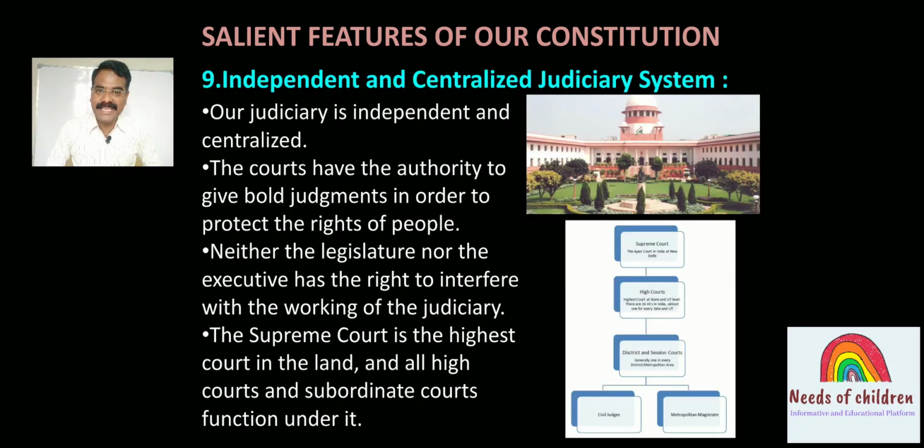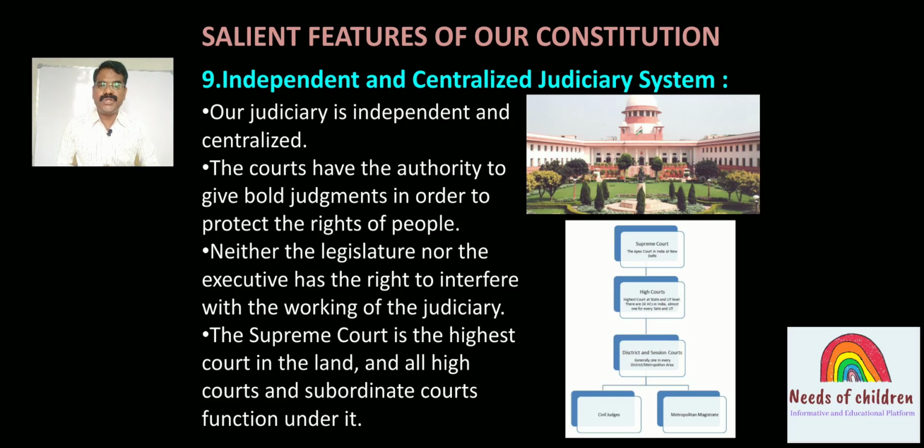And the next, ninth one, independent and centralized judiciary system. Our judiciary is independent and centralized. The courts have the authority to give bold judgments in order to protect the rights of people.